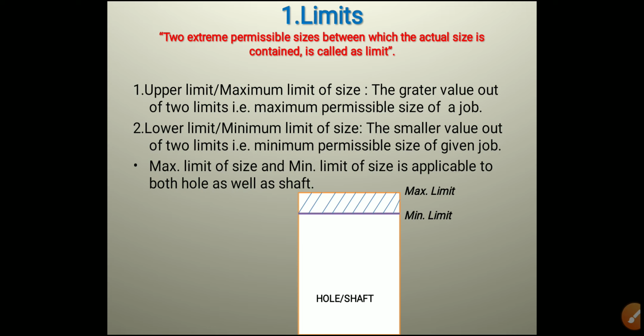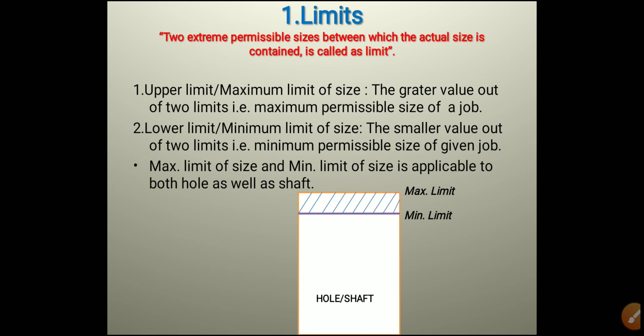What is meant by upper limit or maximum limit of size? It is the greater value out of the two limits, that is the maximum permissible size of that particular job. Similarly, what is meant by lower limit? The smaller value out of the two limits, that is the minimum permissible size of a given job.